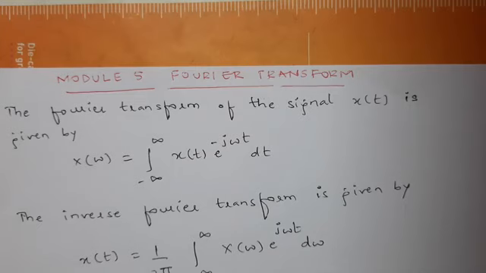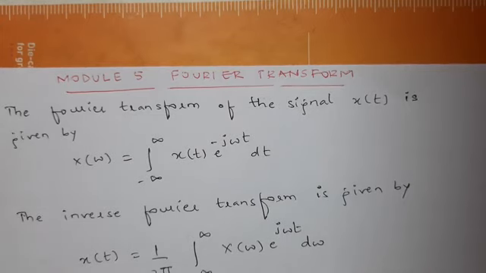The answer is Fourier series is applied for periodic signals and Fourier transform is applied for non-periodic signals. Now this periodic and non-periodic can be a continuous time signal or a discrete time signal, that is x(t) or x(n).